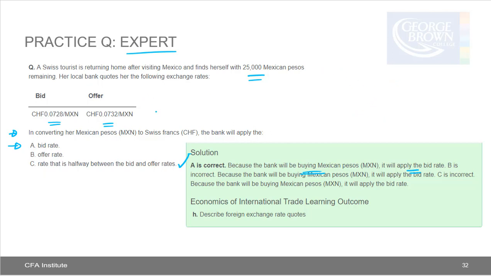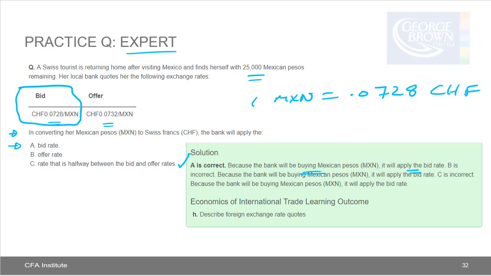But one of the things that I wanted to point out to you is that when you see this type of a quotation, CHF 0.0728 to the MXN, always to make it easy to understand, just write in number 1. That's 1 Mexican peso. So 1 Mexican peso in this case is equal to 0.0728 Swiss francs.